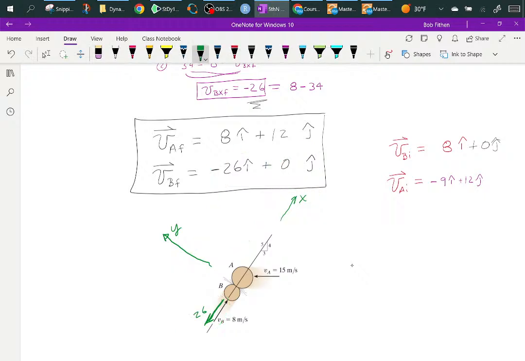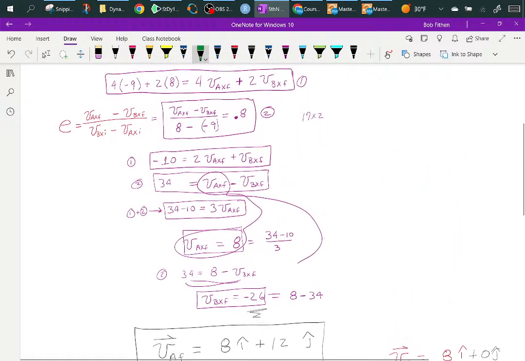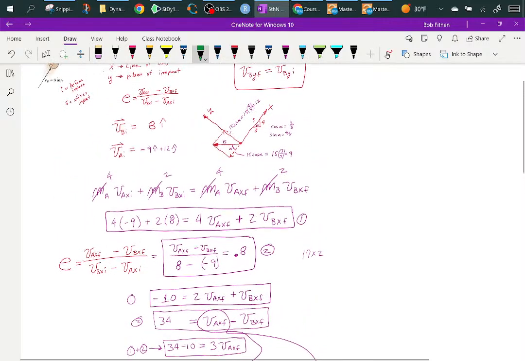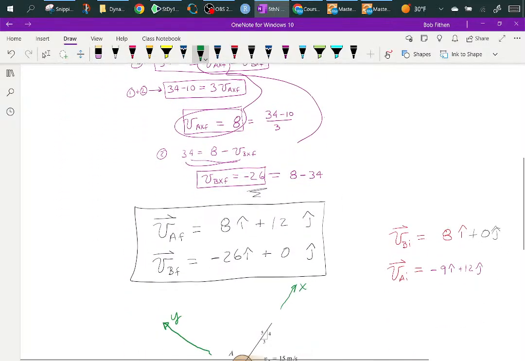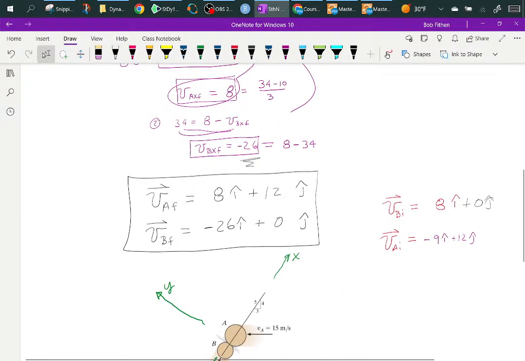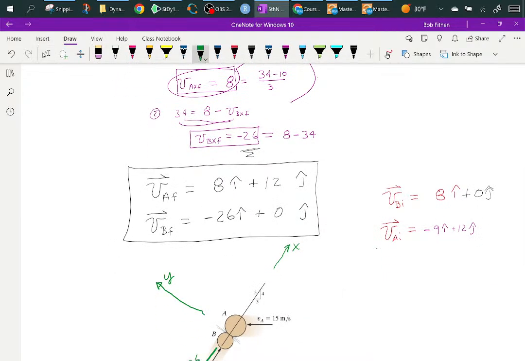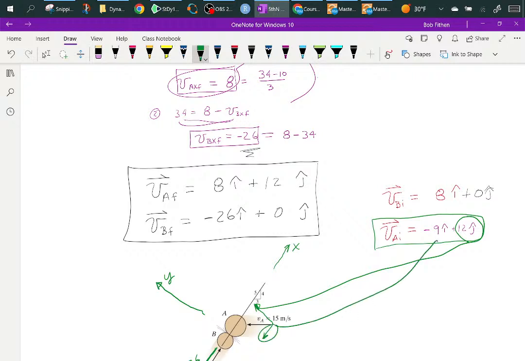So VB had no Y component, only an X component, moving in the opposite direction of a positive. Now, A has two interesting components. First, it came in, let me see if I can go back and find it. Oh, wait, it's right here. It came in this way, with a positive 12 going that way, and it came in with a negative 9.